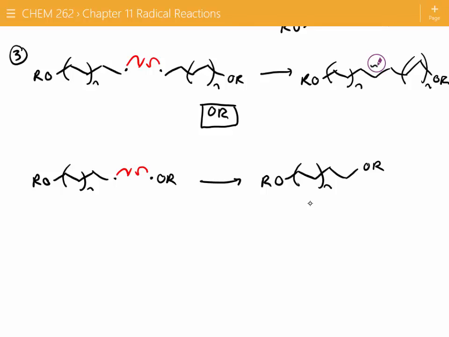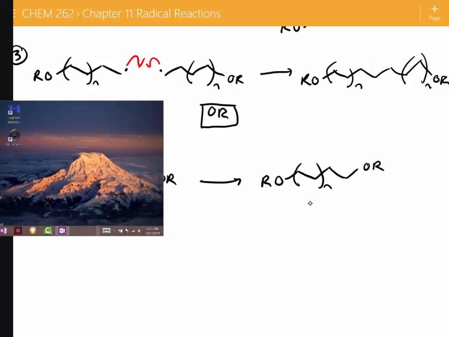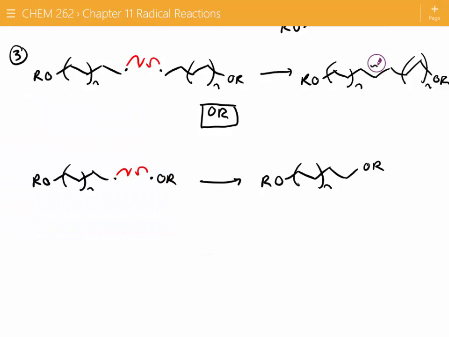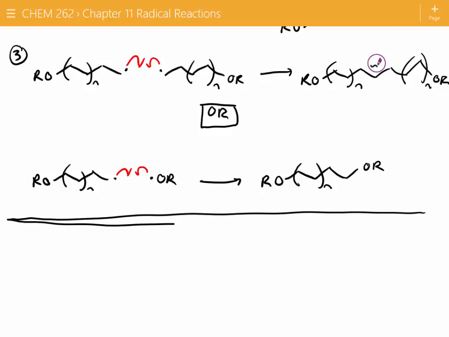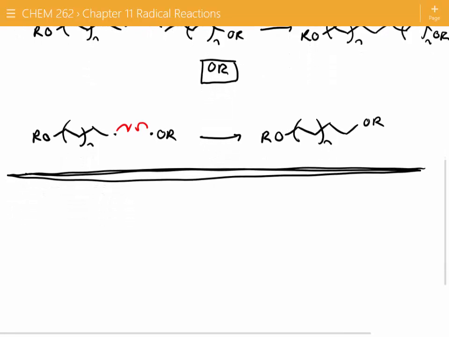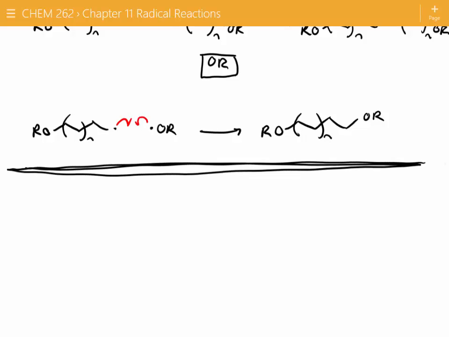The other interesting thing with these reactions is there's often a side reaction that occurs. So I'm going to break the page here with the line. So with our side reaction, we still go through the same intermediates.